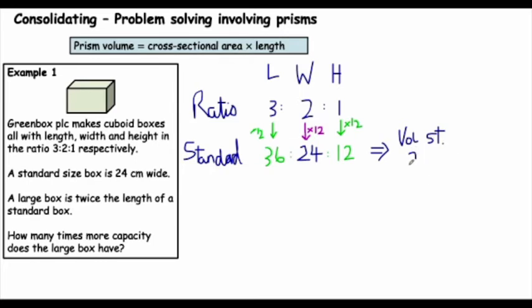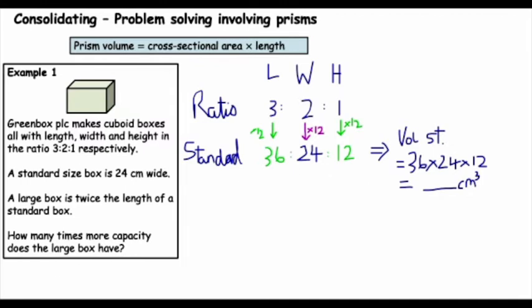It's cuboid, so the volume is equal to 36 times 24 multiplied by 12. My calculator is not near me right now, so I'm just going to leave that blank for a second.